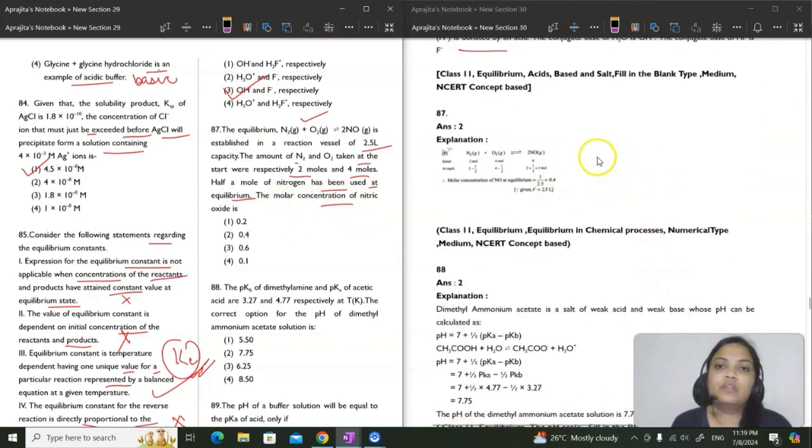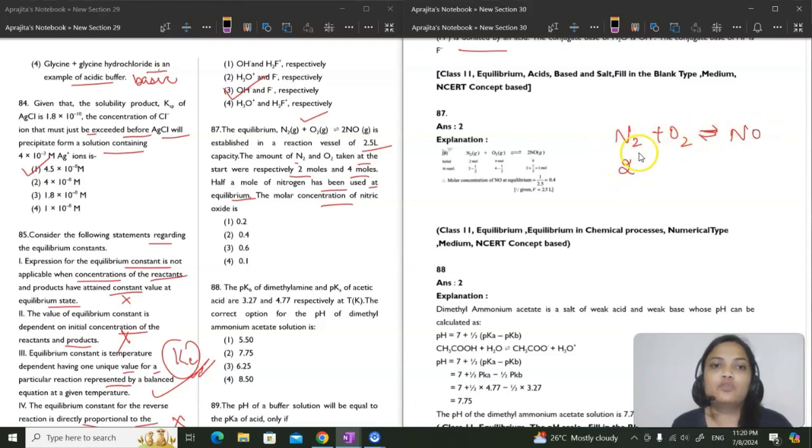Students, in this particular case, let's say the reaction is like this. Initially there were 2 moles of nitrogen and 4 moles of oxygen, and at equilibrium half a mole of nitrogen is used, which means 2 minus half will be left, and similarly 4 minus half will be left for the oxygen.